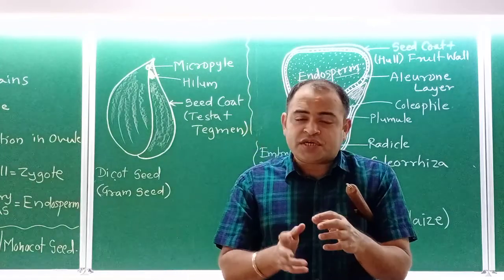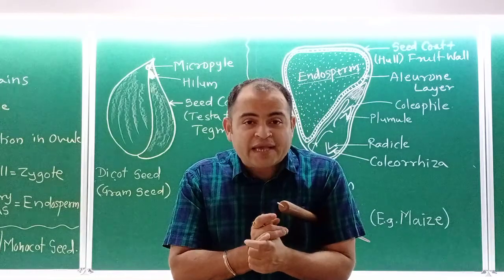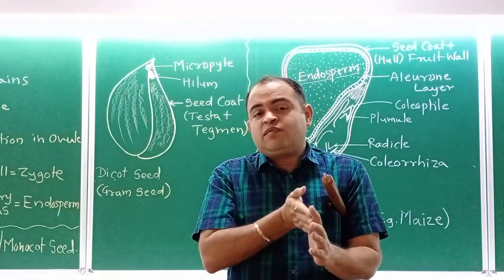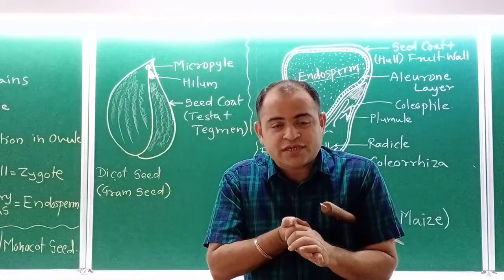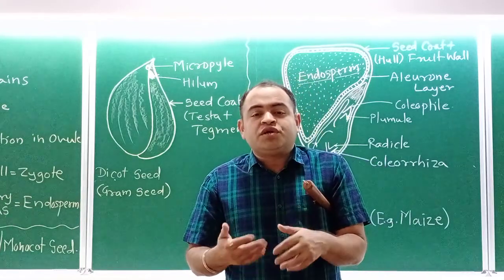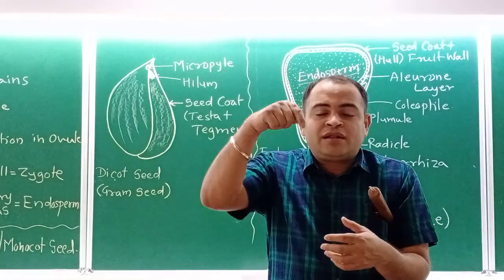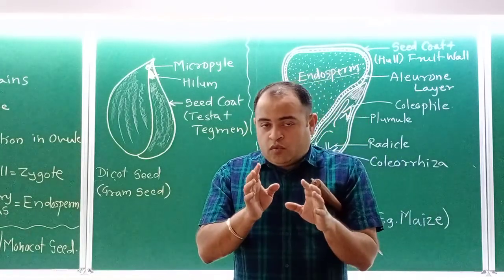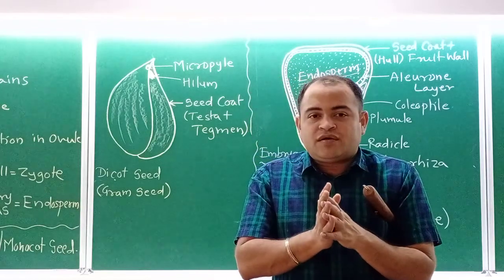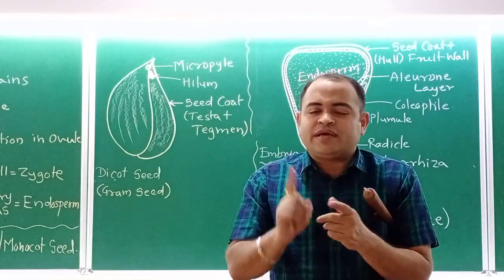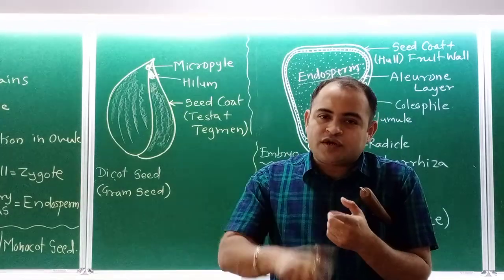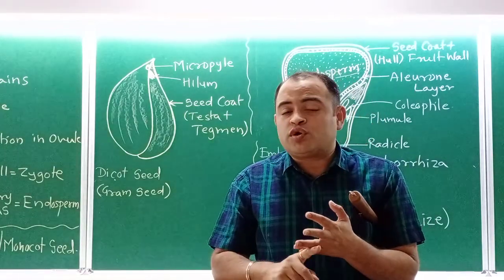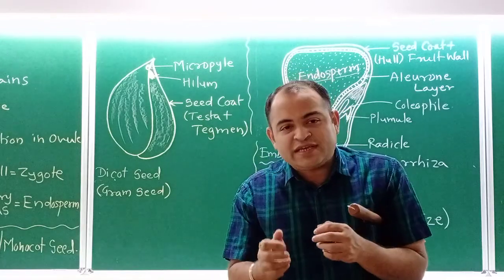There will be many chemical reactions and hormonal actions through which germination, or radicle formation, will initiate. Whenever we talk about a dry seed, always remember everything is present: cotyledons, embryonal axis, and endosperm stored in absorbed form.